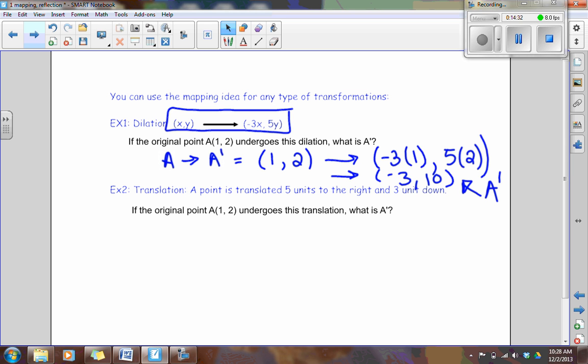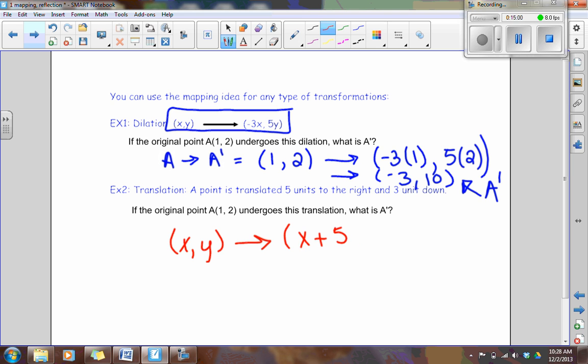A translation is sliding a point. It starts at one point and we slide it to another point. For example, we're at the point (1, 2), and we want to move that point 5 units to the right and 3 units down. The mapping of that, we always start with (x, y), is (x + 5, y - 3).